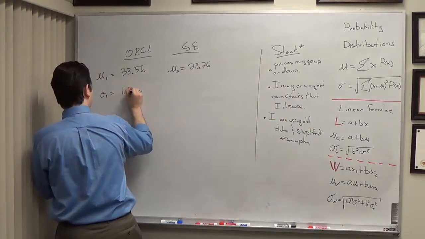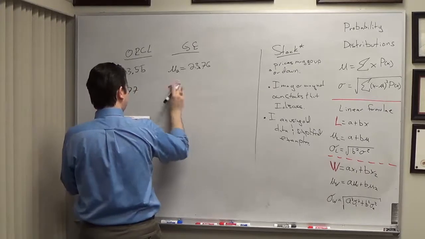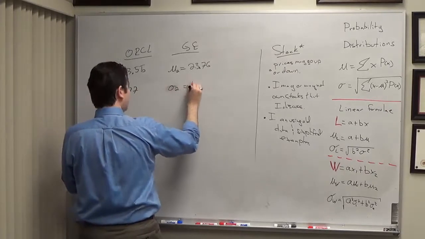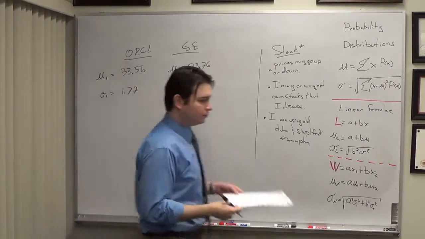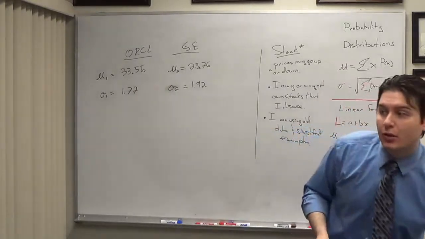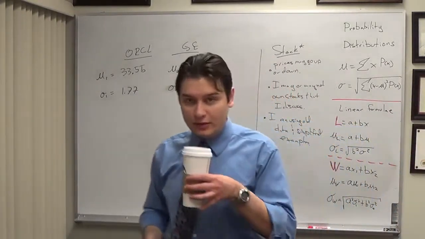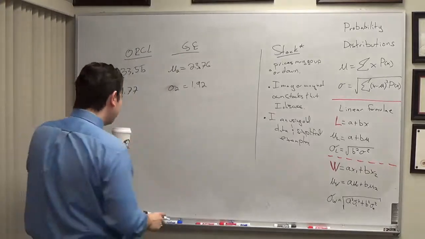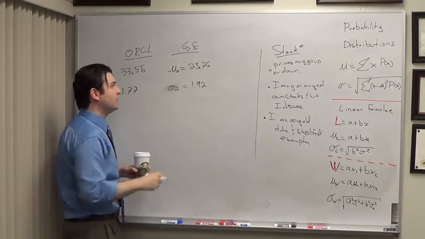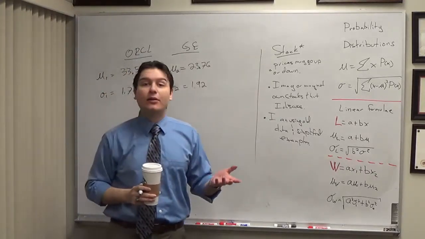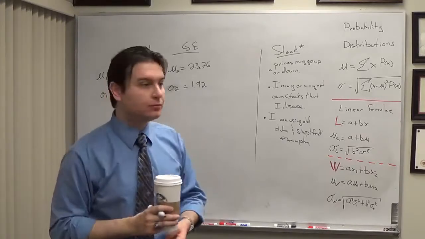Sigma 1 was 1.77, and Sigma 2 was 1.92. General Electric was just a little more volatile in the last year. We know that because Sigma 2 is bigger than Sigma 1. Again, using the methodology that I chose to calculate this.